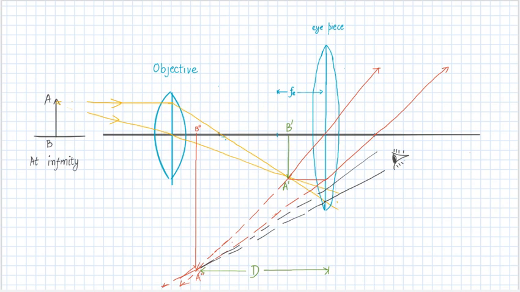The first condition is that the object should be placed at infinity. If the object is at infinity, then the rays coming from the object form an image at this point.